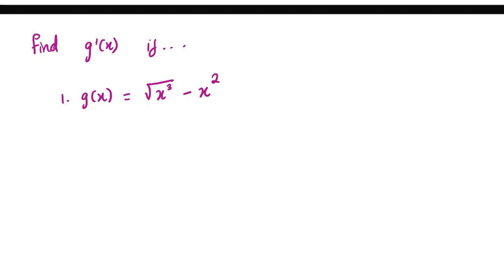Now this one, guys, is for you. The number 2, g of x is equal to 1 over x to the power of 4 minus x to the power of 7. Now this one, guys, is for you because I did the hard ones. Now I want you guys to do these simple ones.